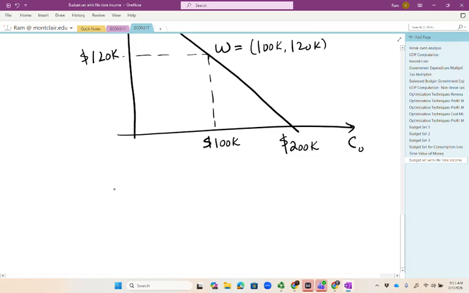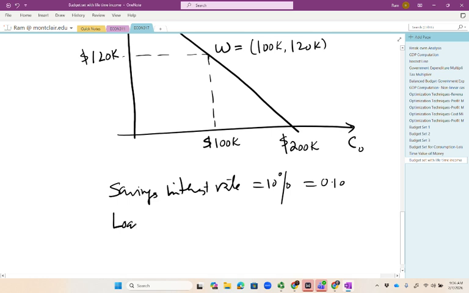So let's say the savings interest rate to be 10%. So this is 0.10, and the loan, or I should have called it the borrowing interest rate, to be 20%, which was the same as before.